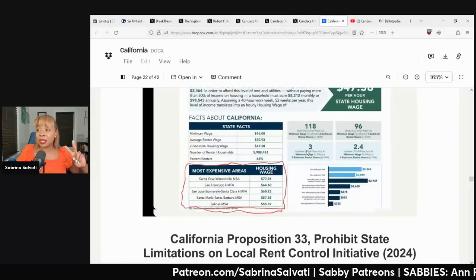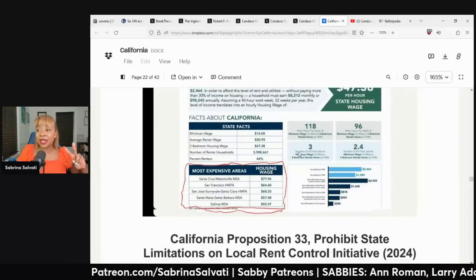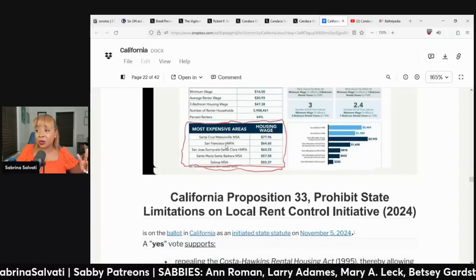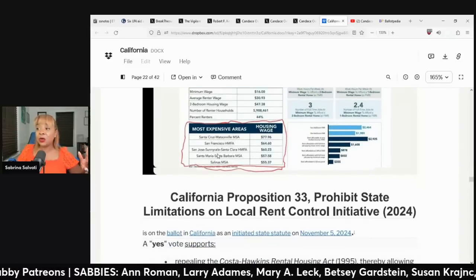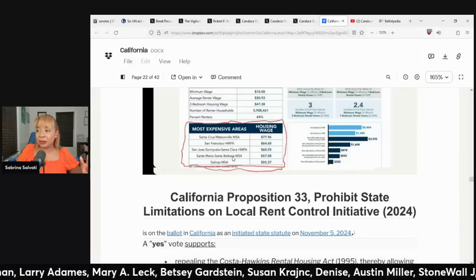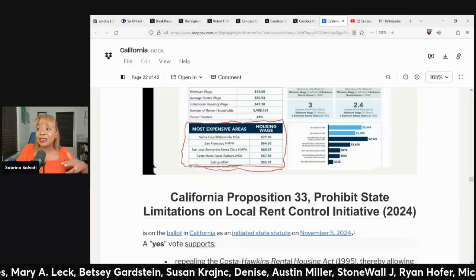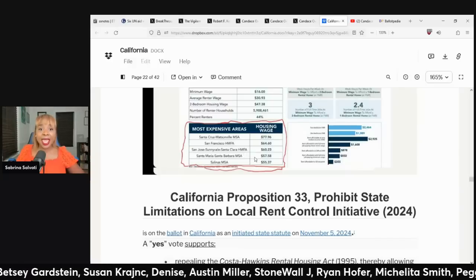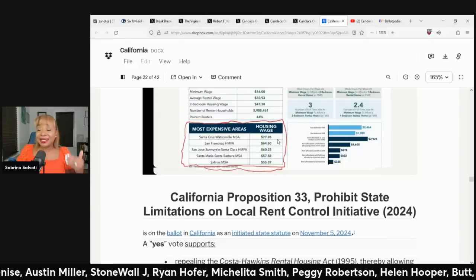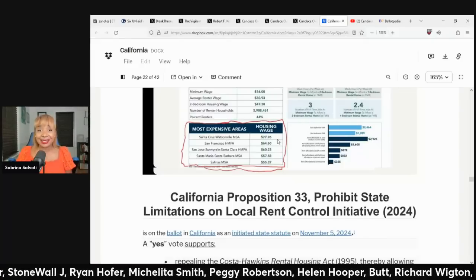Now, what's important to note is the most expensive areas in California, and that is Santa Cruz, Watsonville, San Francisco, San Jose, Sunnyvale, Santa Clara, Santa Maria, Santa Barbara, and Salinas. These are the most expensive areas. And when you break this down, it says in Santa Cruz, you need to make $77.96 an hour.